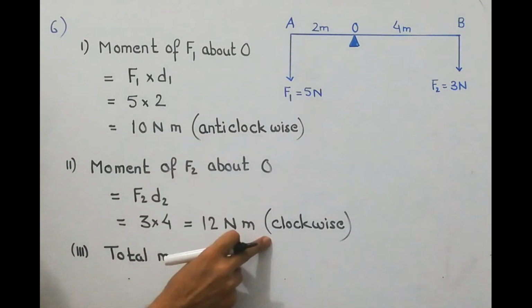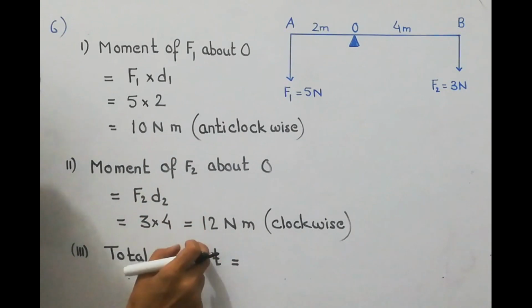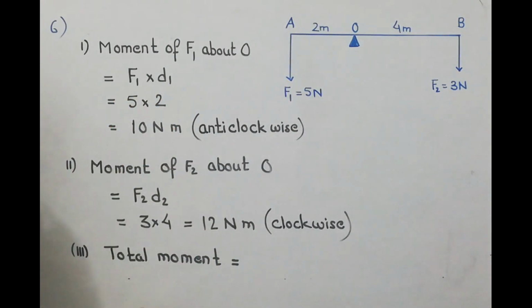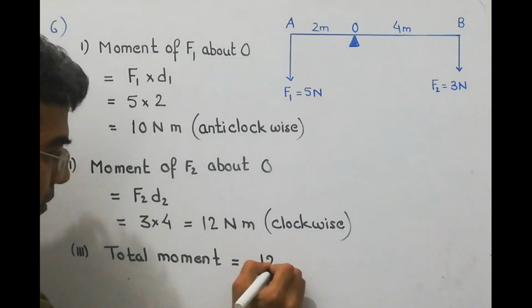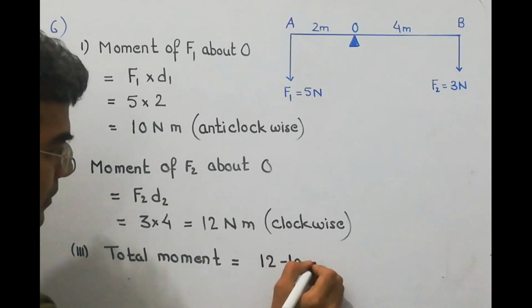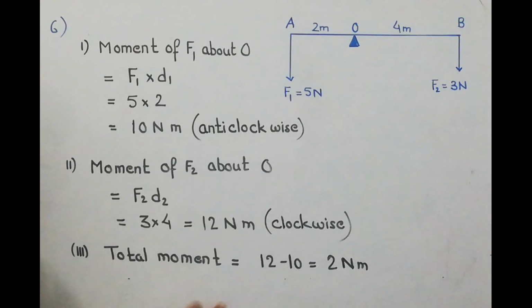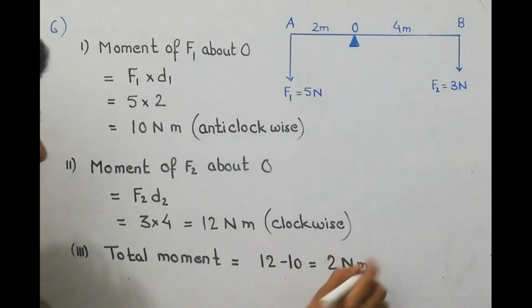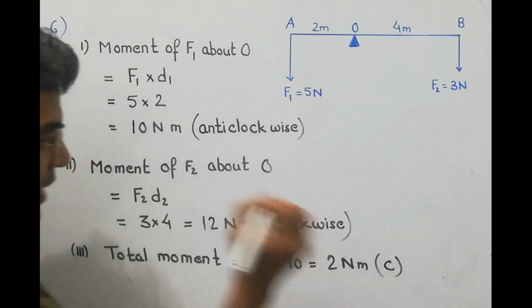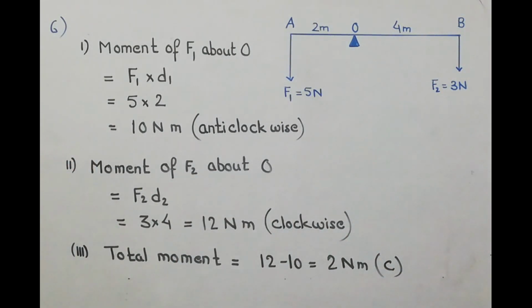Now when they are in opposite direction, remember from the bigger you will subtract the smaller. And the resultant will get the direction of the bigger one. So this one is bigger, it's clockwise. So direction will be clockwise. Hope this is clear to you now. So you can pause and note it down.